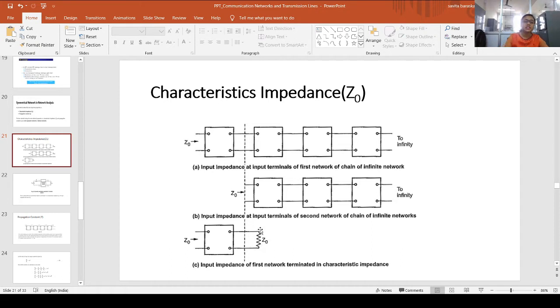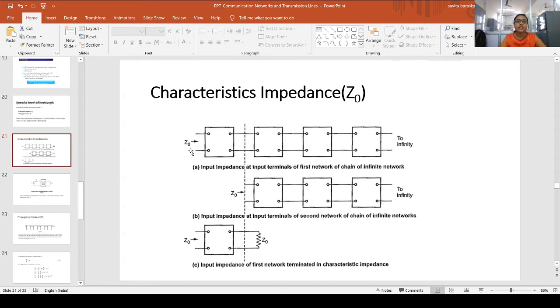This means that if n number of two port networks are terminated by its characteristic impedance, then its input impedance will automatically be the characteristic impedance. So this is all about the characteristic impedance.